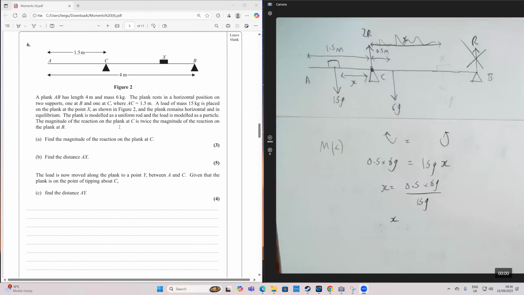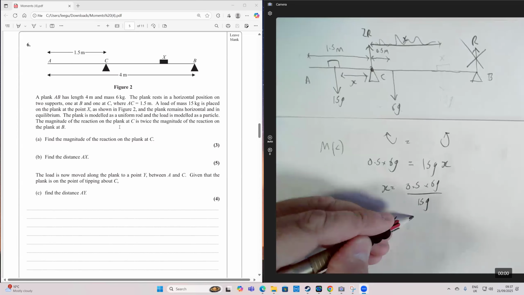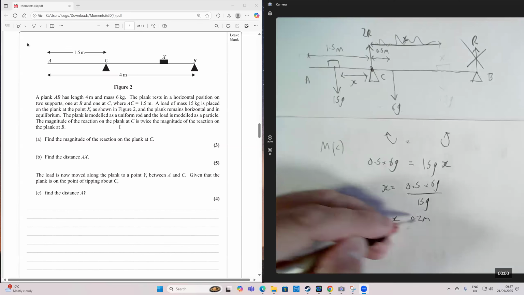And let's see what that gives us. So that gives us 0.5 times by 6 times by 9.8 over 15 times by 9.8, and that gives us 0.2. So that is 0.2 meters.